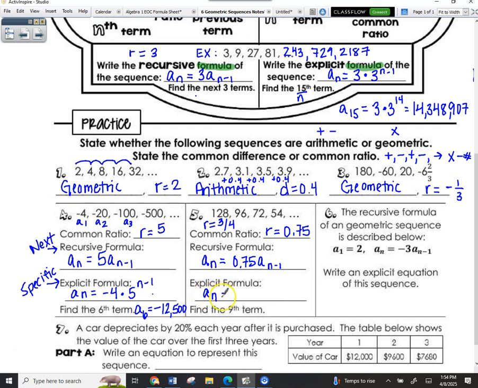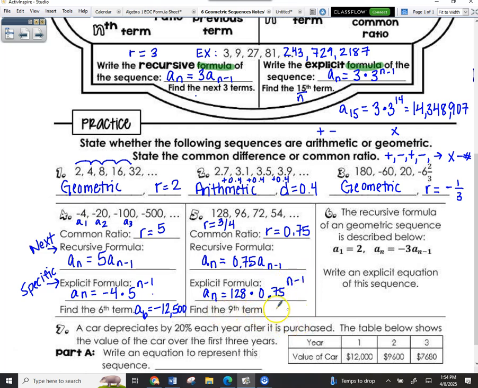First term, which is what? Times what, Jax? Very good. To the what power? N minus 1. Thank you, Chloe.